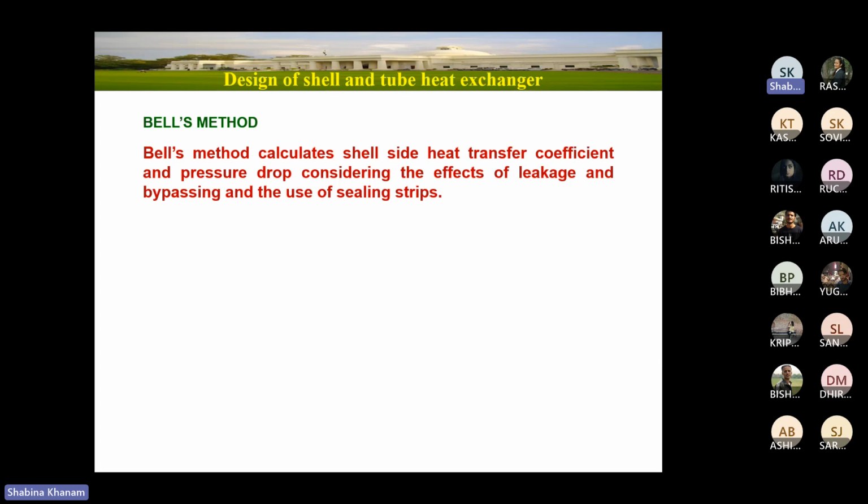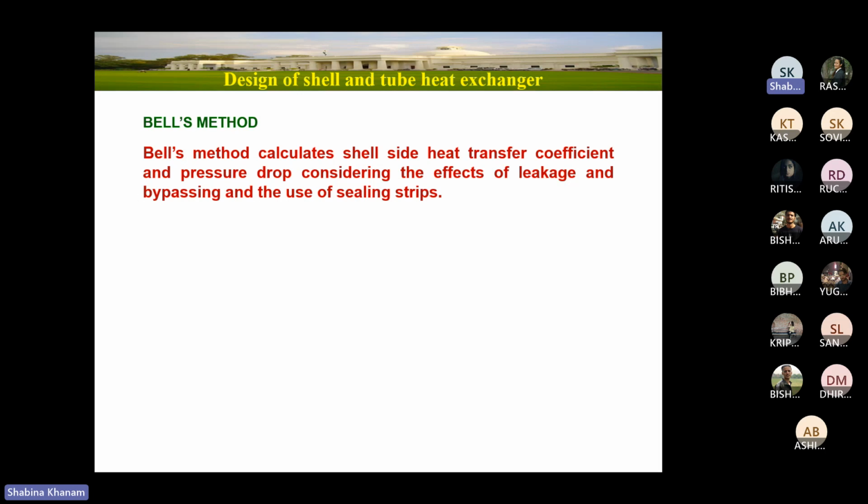Bell's method, when we are considering it, calculates the shell side heat transfer coefficient and pressure drop considering the effects of leakage and bypassing and use of sealing strips. What these leakages and bypasses are, and what the sealing strip is, we have all discussed.